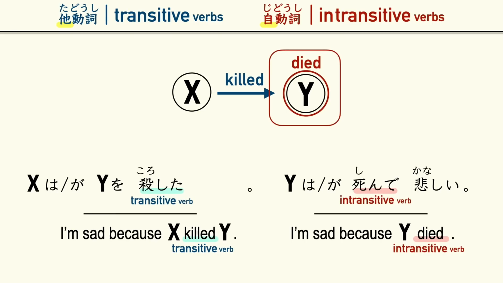But I'm sad that X killed Y. X が Y を殺して悲しいです。This is not wrong, but it feels a bit unusual, both in Japanese and English, right? Why? Because you're sad that Y is gone, not necessarily because X killed Y. Like, even if someone else had killed Y, or if Y had died in another way, you would still feel sad, right? So in this context, the focus is on Y's death, not on who caused it.